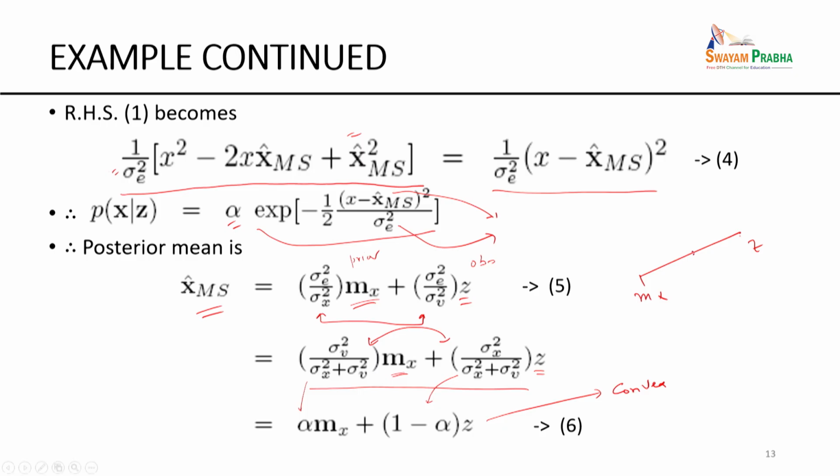My best estimate is alpha times mx plus 1 minus alpha times z. That means the estimate lies on the line segment joining mx and z. That's a geometric interpretation. Yes, there is a little bit of algebra involved in here.